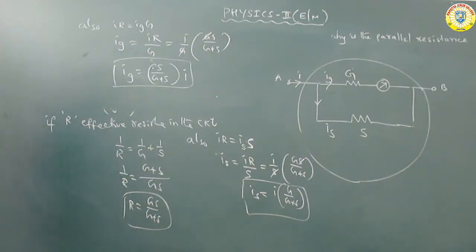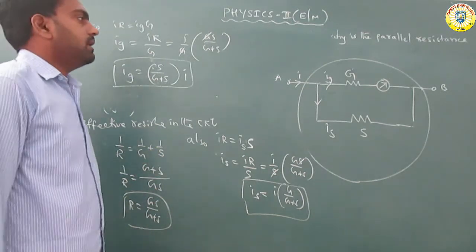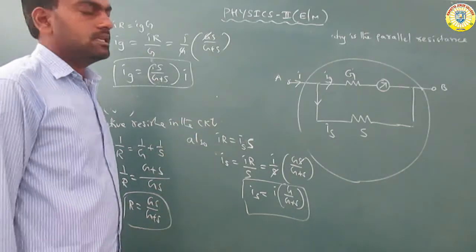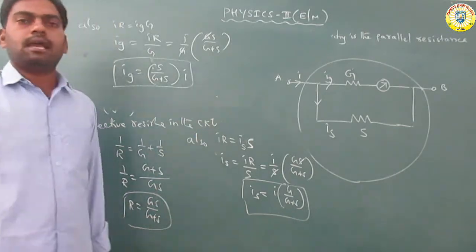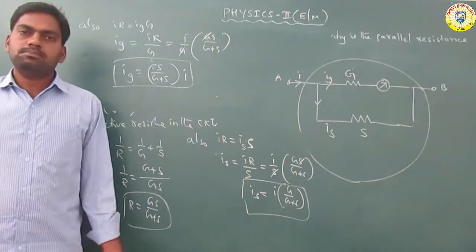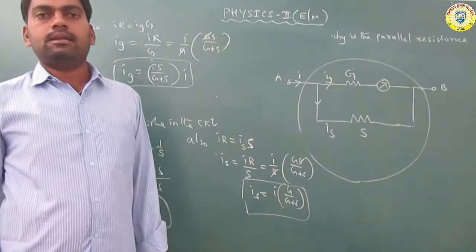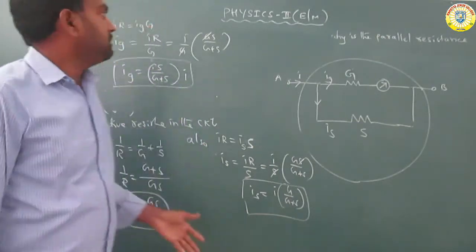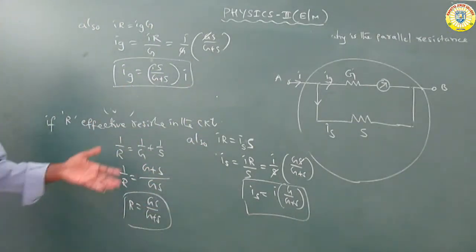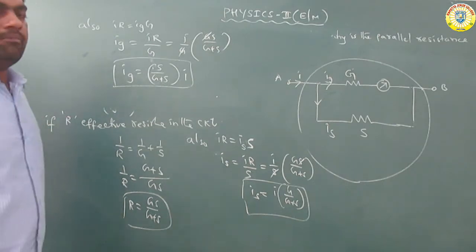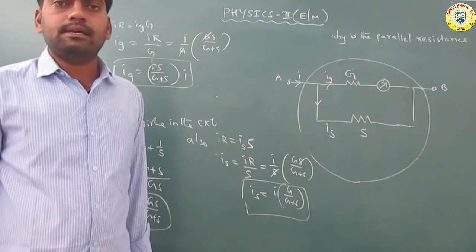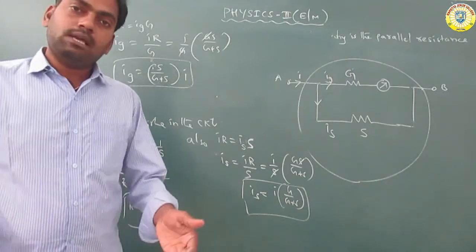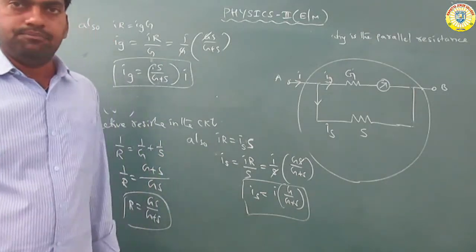Okay, got it. Now, in this circuit diagram, we observe clearly that the shunt resistance is connected in parallel. A small resistance is connected in the circuit. That means the galvanometer is converted to an ammeter by connecting a resistance in parallel, which is called a shunt resistance, a small resistance.